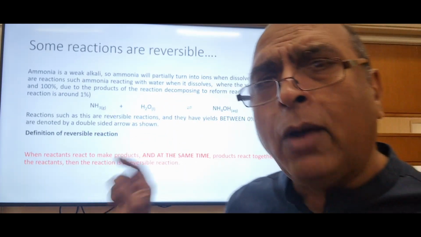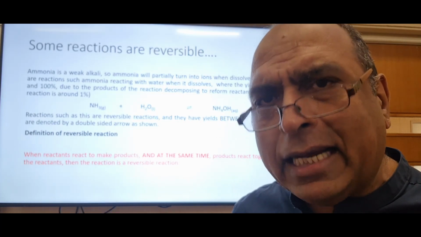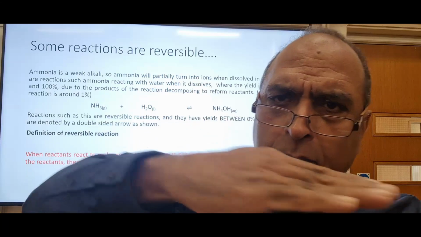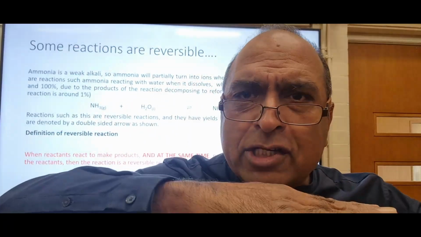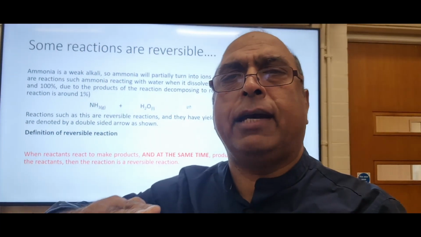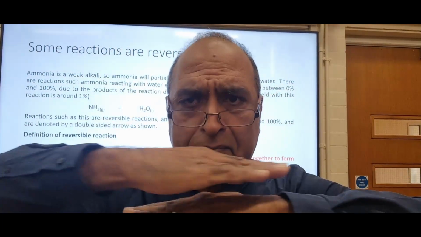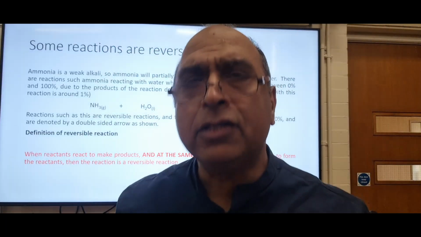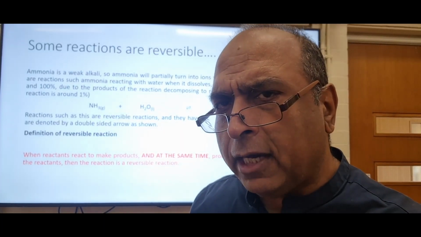That's your definition. And what that brings clearly into the thinking is that the forward reaction has to happen, and at the same time the backward reaction has to happen. And I'm often doing this in class. It's going that way and it's going that way at the same time. And that's a key point. These things happen at the same time.